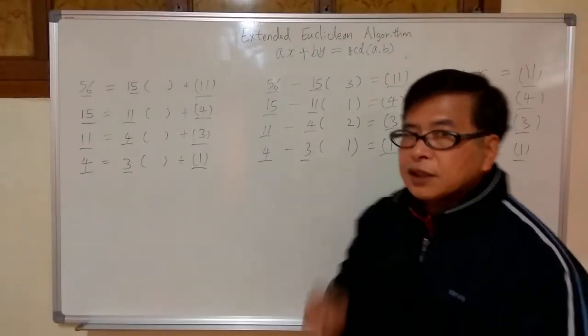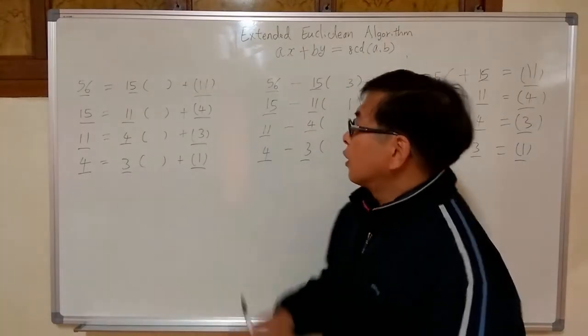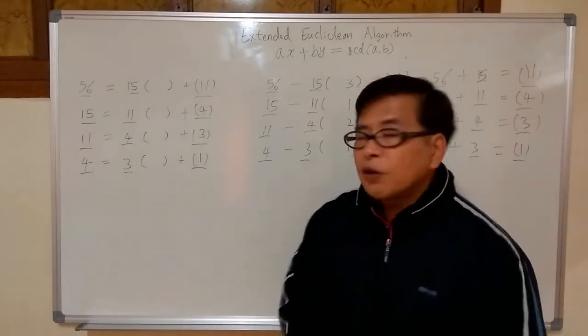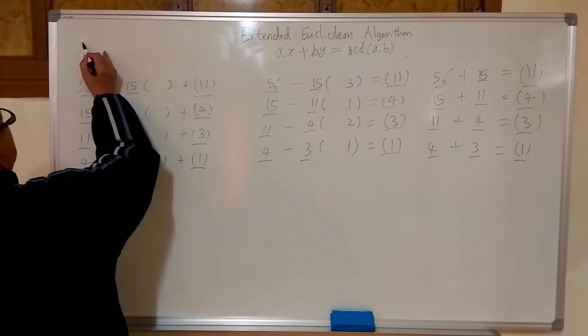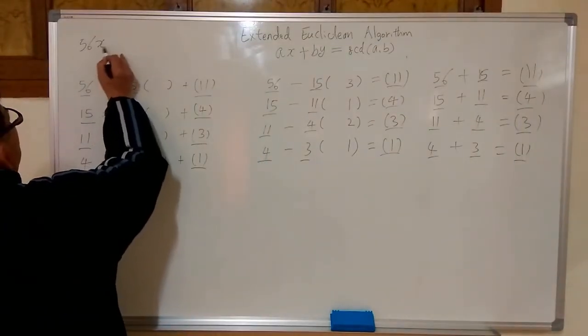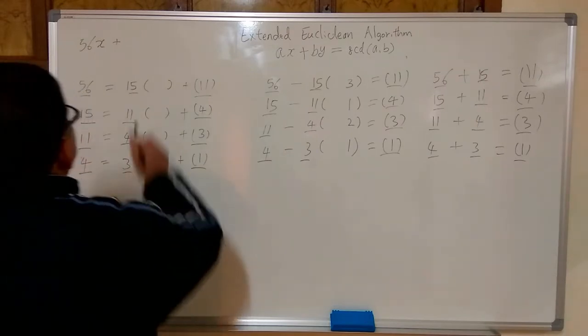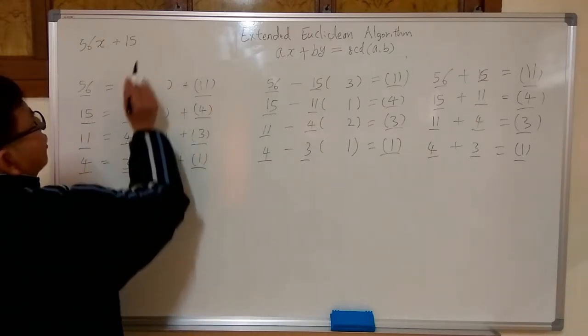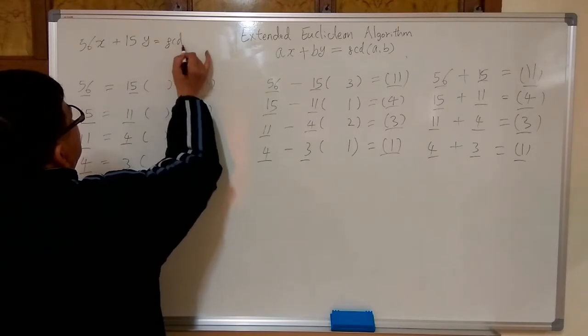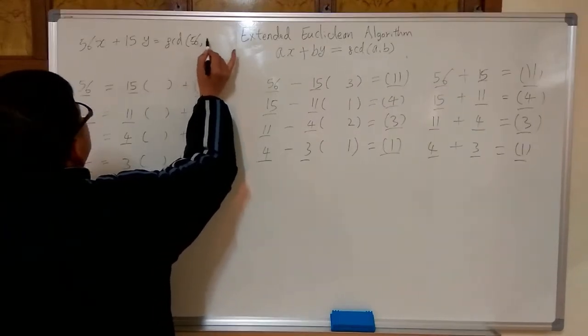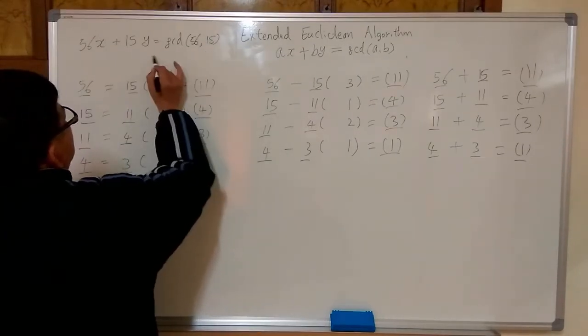If you have watched the videos I recommended, you will understand and have no problem following along with me. So basically we are solving such equations: 56x plus 15y equals GCD of 56 and 15, which is actually 1.